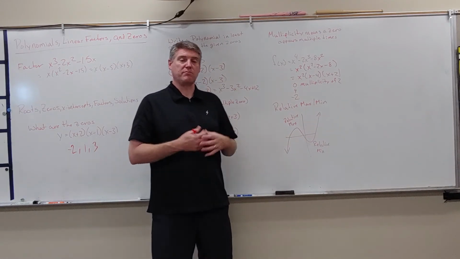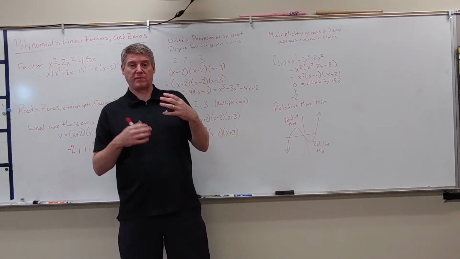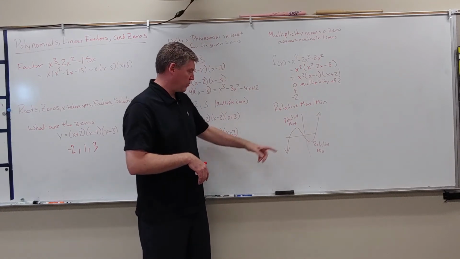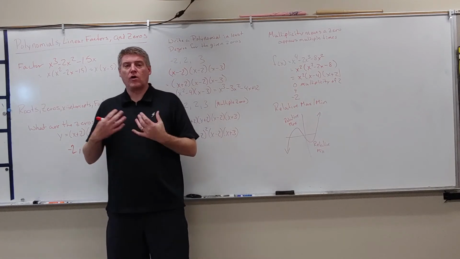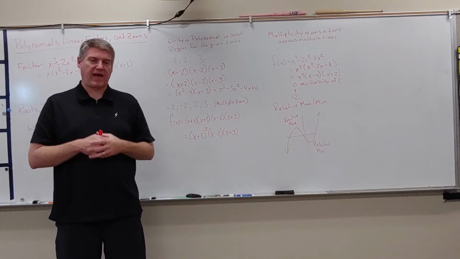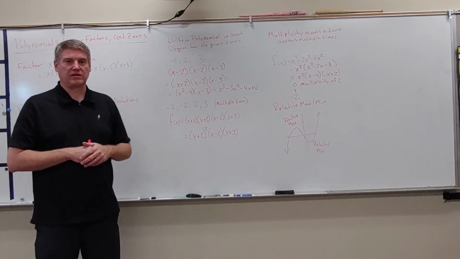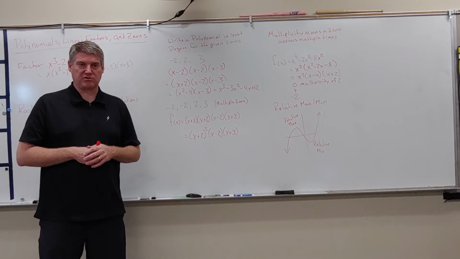They're the turning points of the graph, where it stops going from increasing to decreasing or decreasing to increasing. Those are where our maxes and mins occur. So hopefully you understand zeros, factors, solutions, and all these different terminologies giving us the same concept.